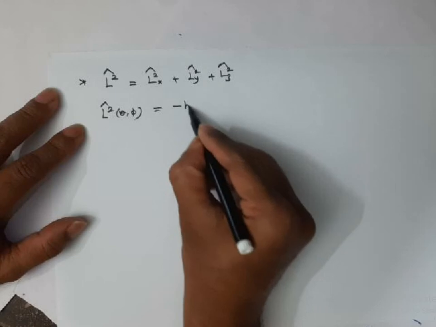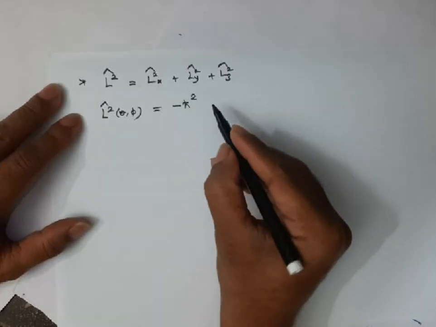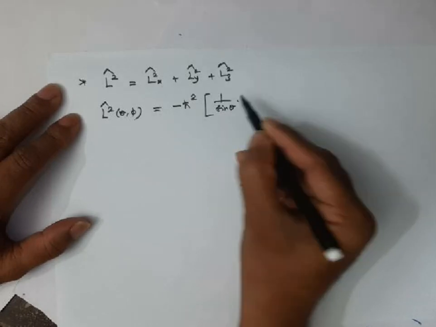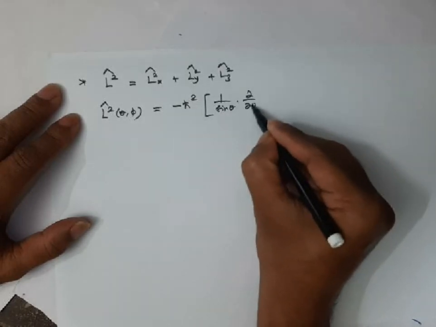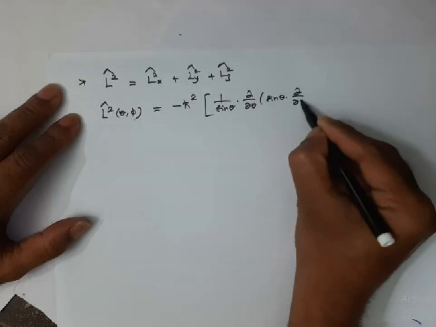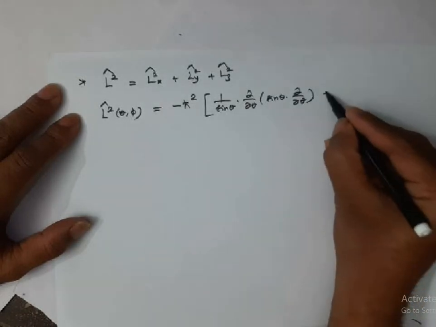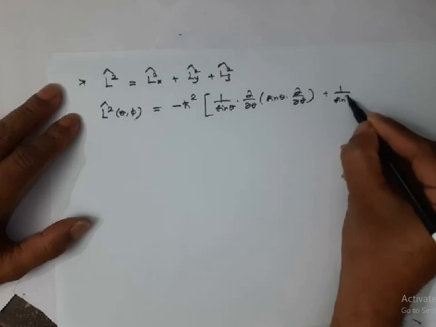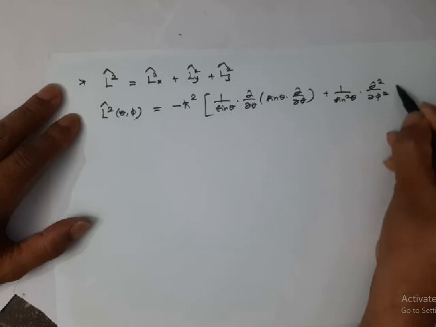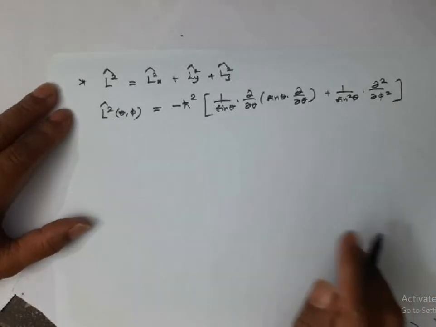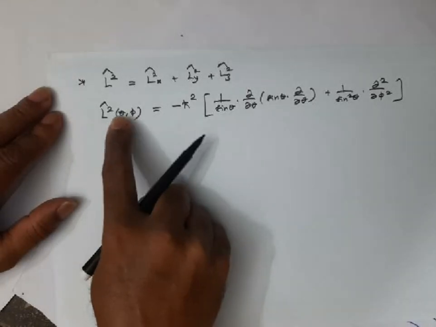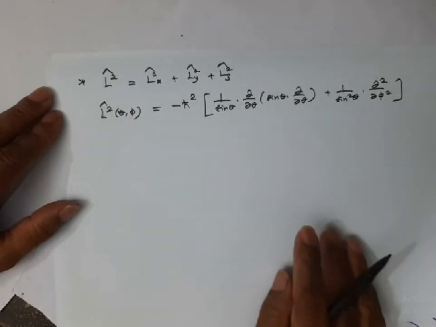The operator is minus h bar square into 1 by sine theta dou by dou theta into sine theta dou by dou theta plus 1 by sine square theta into dou square by dou phi square. This is the square of the total angular momentum operator in spherical polar coordinates.